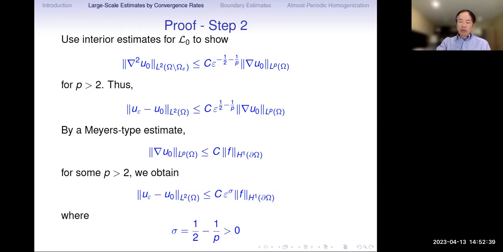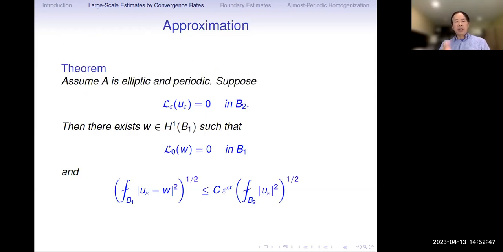Okay, so then the question: how do you manage the H1 norm on the right hand side? So here is another theorem. This is the theorem we wanted in order to carry out that general scheme. Let's say change B1 to B2. You have a solution there.